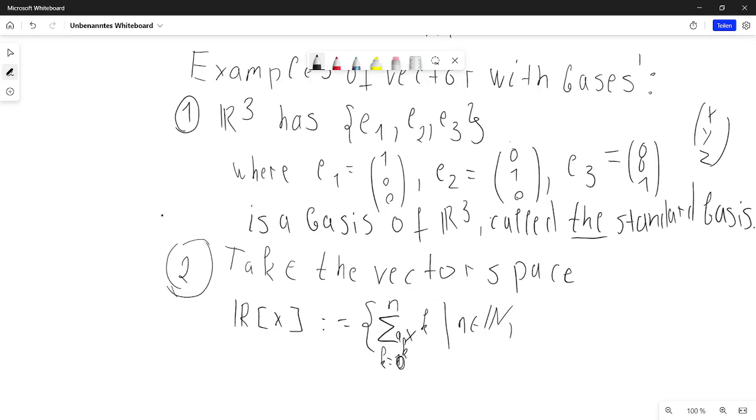And what do we have? We usually have that this denotes N with 0, right? The sum of a_k x^k, and this x is really a variable, right?